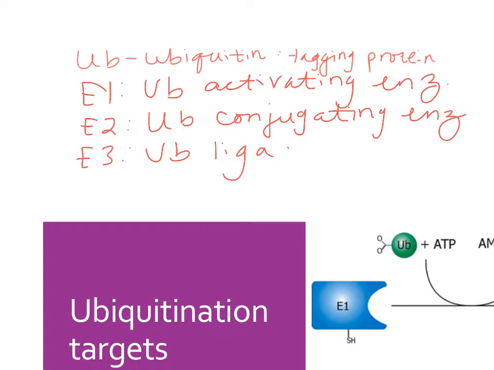Okay. And then we have the protein. So these are the 3 things that you need in order to put a ubiquitin on the protein that is getting degraded. And then we actually need the protein that will be degraded.